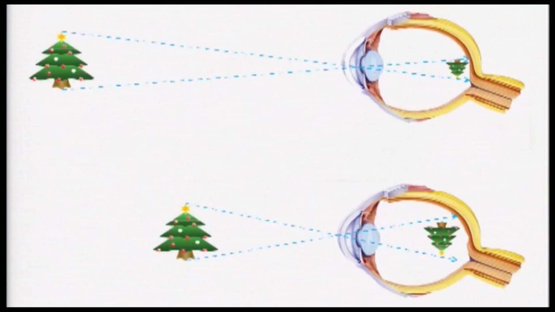So nearer objects will have bigger images on the retina, far off objects will always have a smaller image on the retina. But the beauty of human perception is that we still maintain the size of the objects that we see. And remember, this will always be true for familiar objects. If you are not familiar with the object, if you have never seen it, if it is a novel thing for you, then you will lose this size constancy.